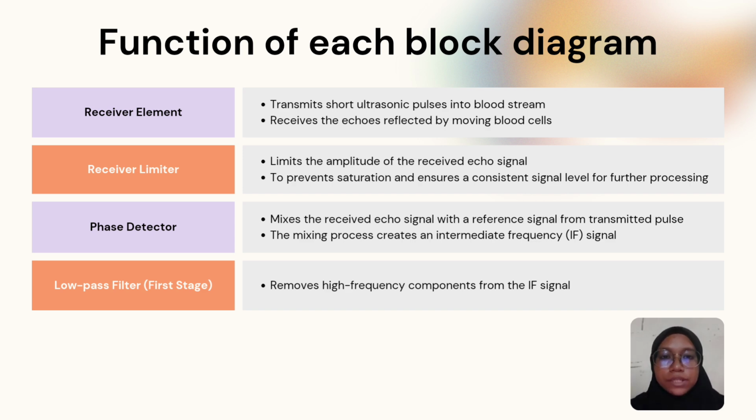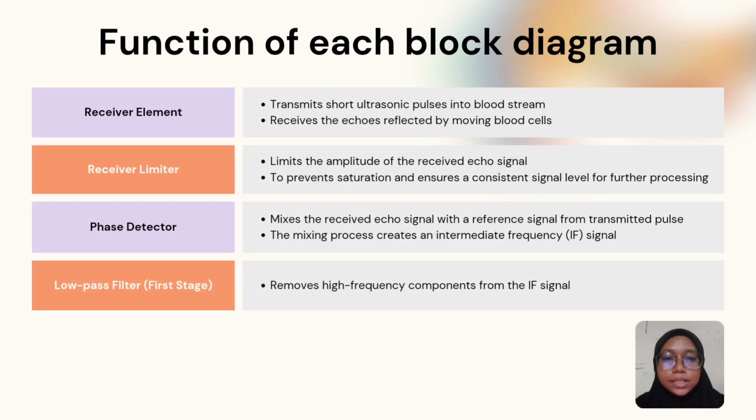Its function is to limit the dynamic range, the peak-to-peak amplitude, of the received echo signals. In a blood flow meter, it prevents strong echoes from saturating the circuit and ensures a consistent signal level for further processing. This is crucial because the phase detector relies on the relative phases of the signal.